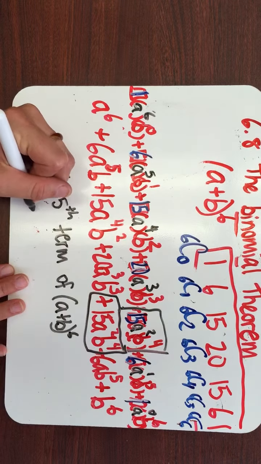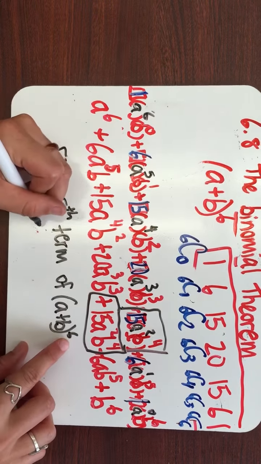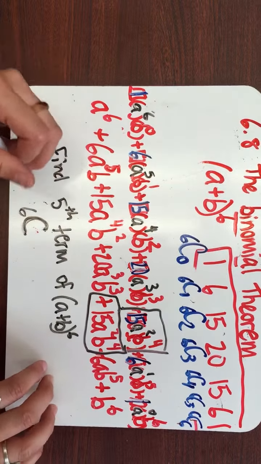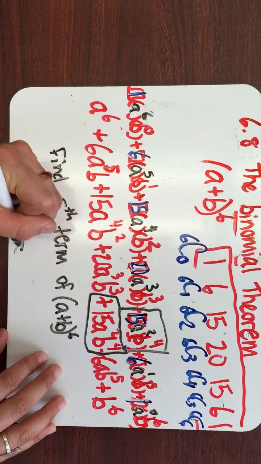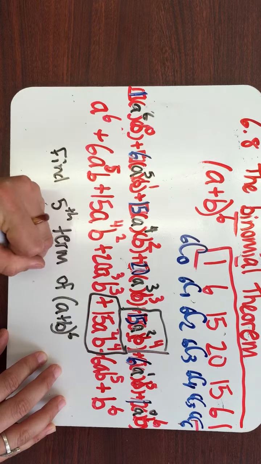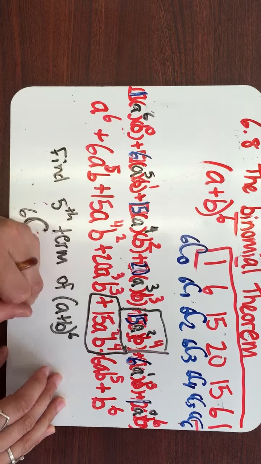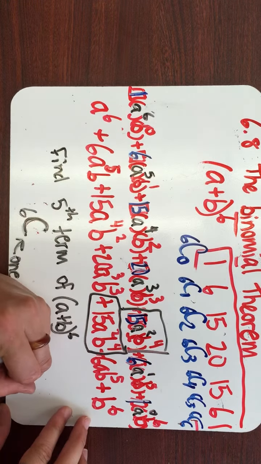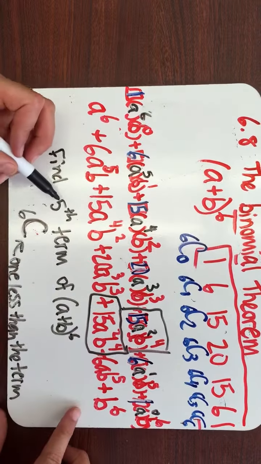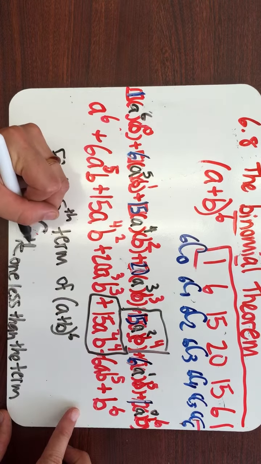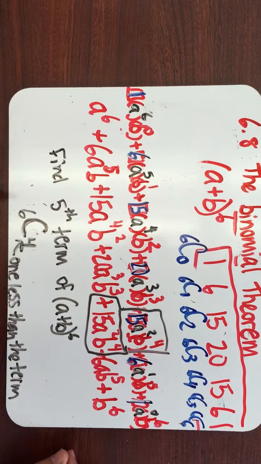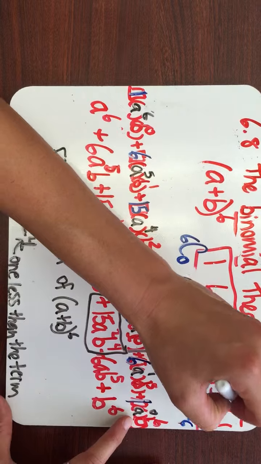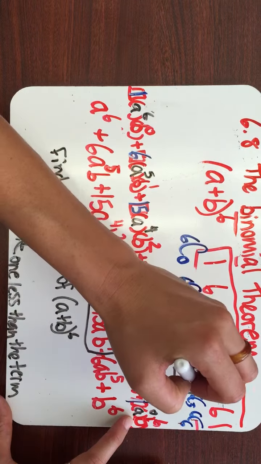So we know that the first number is always a 6, or whatever your exponent is, and we're using combinations here. The second number is always going to be 1 less than the term that you're finding. We're finding the 5th term, so we're going to put a 4 here. If you look at this, it's 1, 2, 3, 4, the 5th one that we're finding, and it's 6C4.